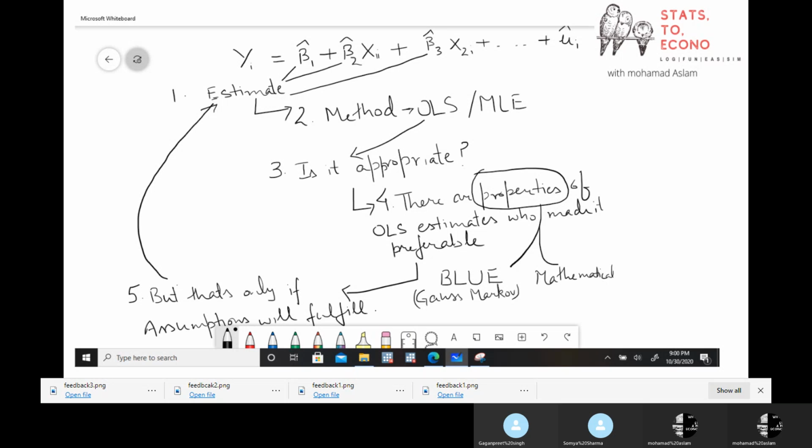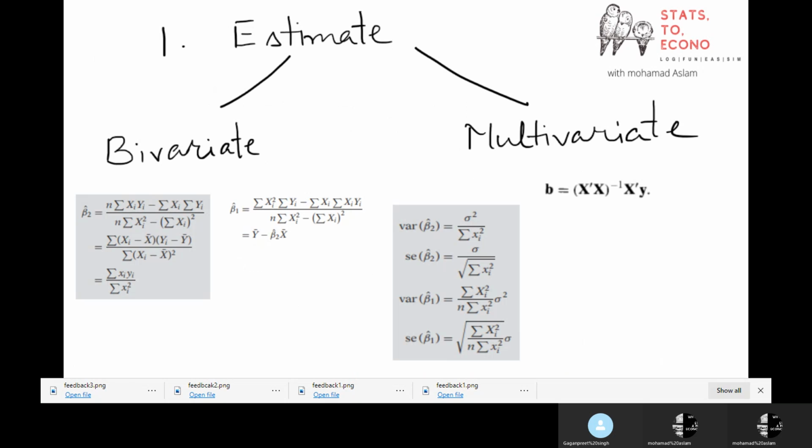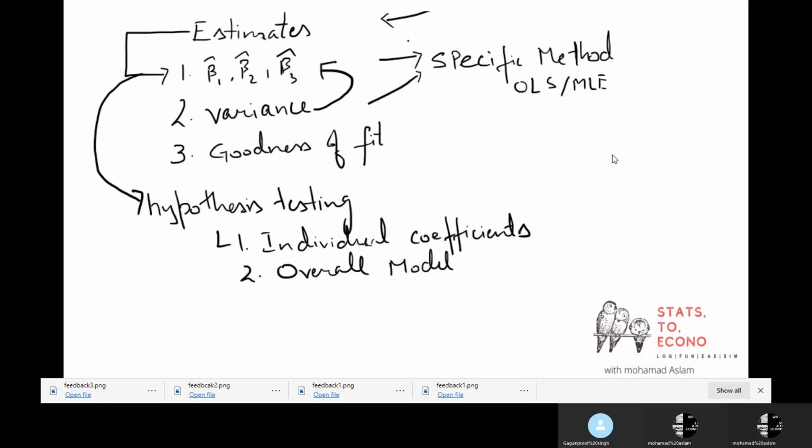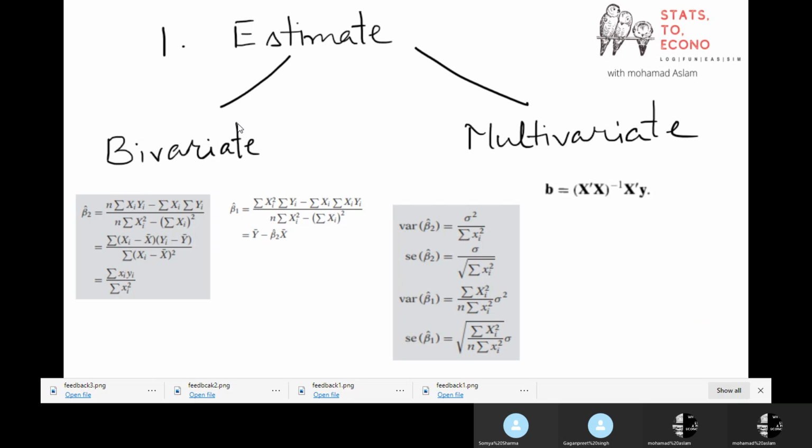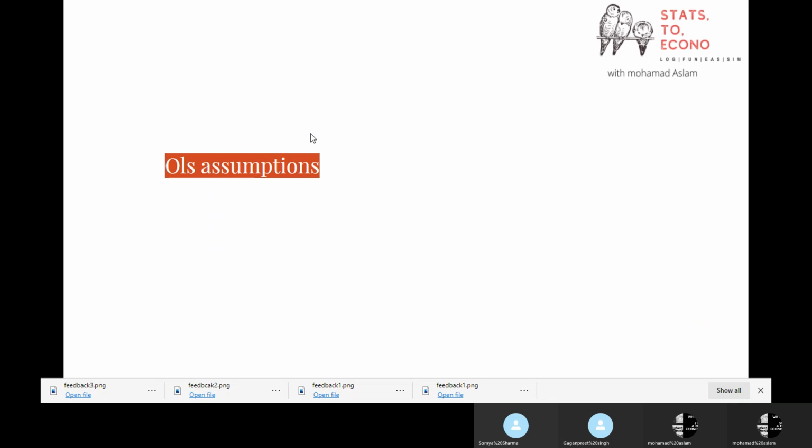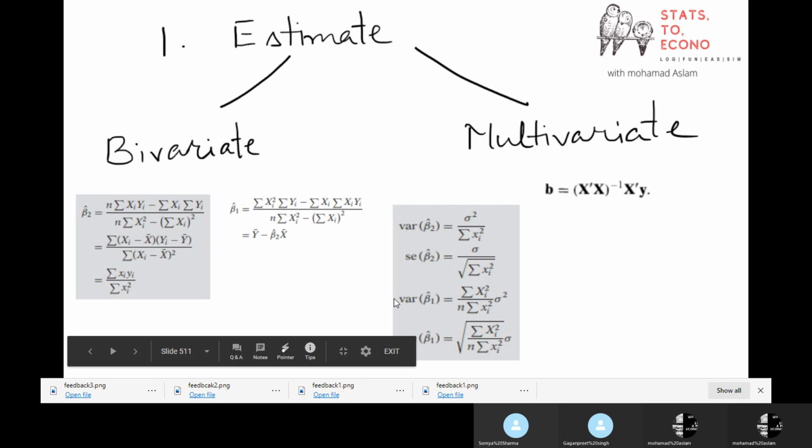So last time we studied linearity and unbiasedness for the slope coefficient. And I started with the variance also, because for the last property, the efficient estimator, which means minimum variance, we need the variance of these estimates. Last time I did the derivation of the beta 2 hat variance. These are the variance values.